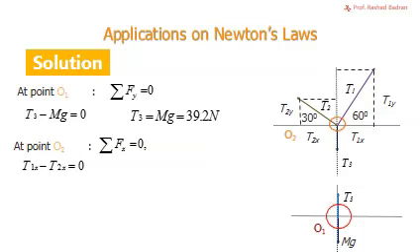For T1, we get T1x, which is T1 cosine 60, and T1y, which is T1 sine 60. Likewise, for T2, we have T2x, which is minus T2 cosine 30 because the component is heading due west, and along the y-axis a component T2 sine 30.